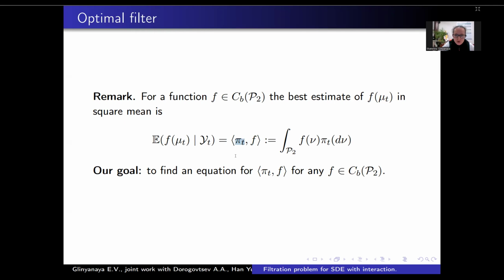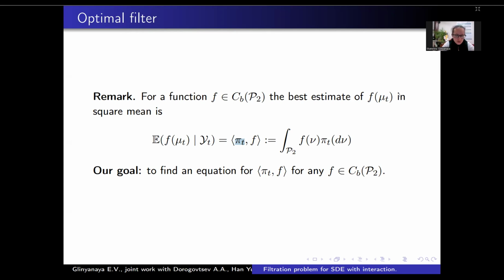Just as a small remark, it is known that the conditional expectation gives us the best estimate, in the mean square sense, for a functional of the measure μt.